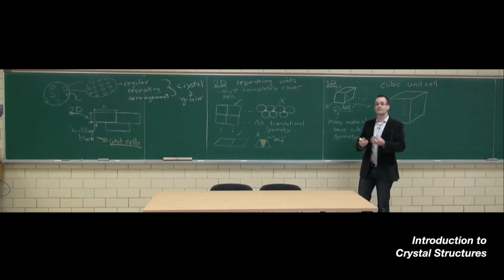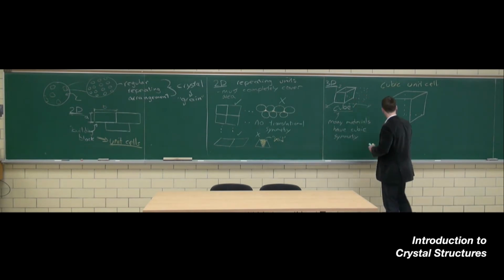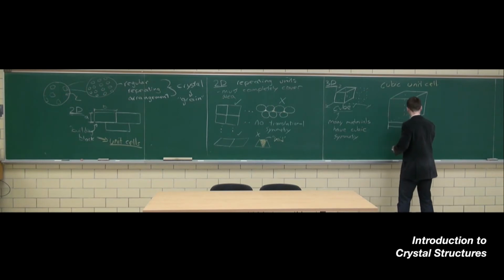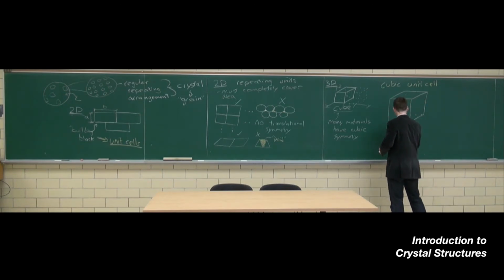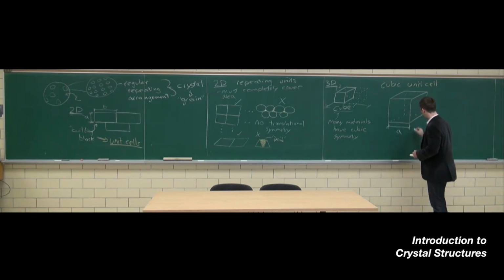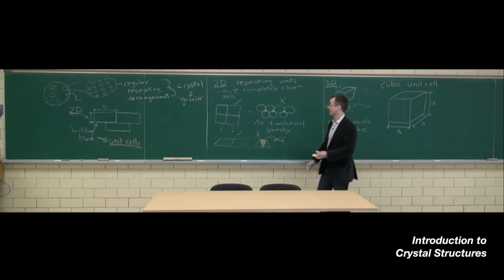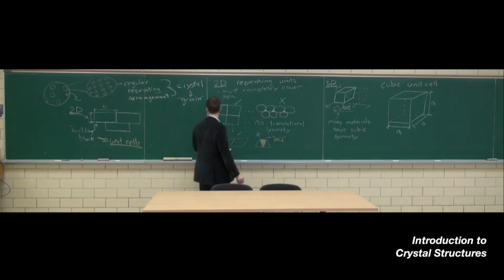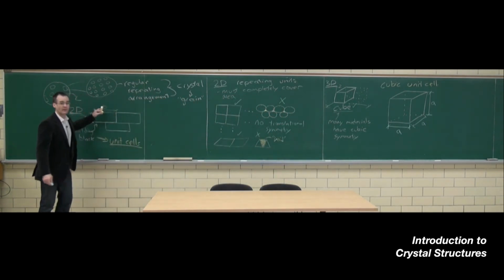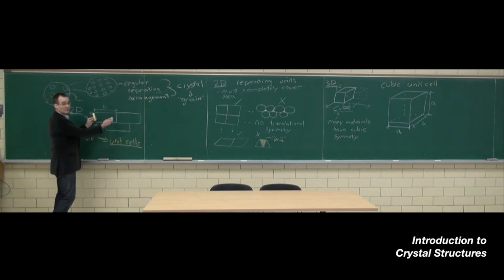And we should be able to describe the dimensions of the cube. So we would need the cube edge length. And of course, it's a cube, so each of the linear dimensions is equivalent. And commonly, we just refer to them with the lowercase letter a. Over here, I went ahead and described another dimension, b, for this rectangular two-dimensional shape.